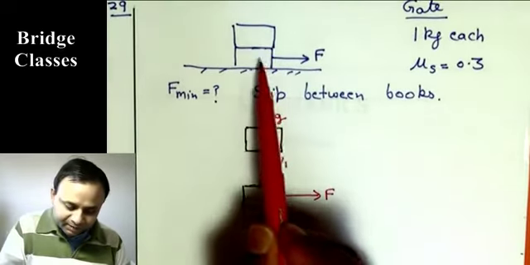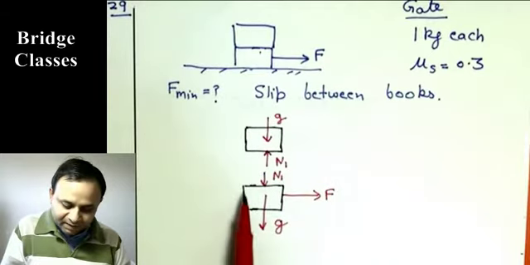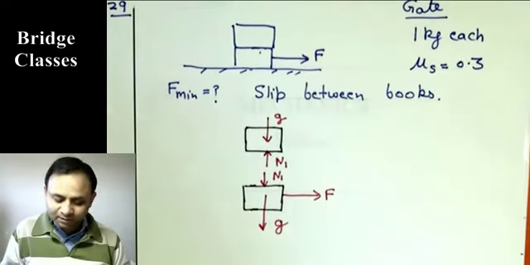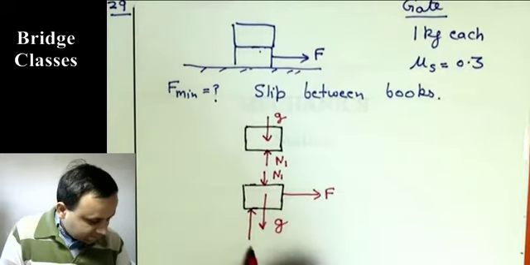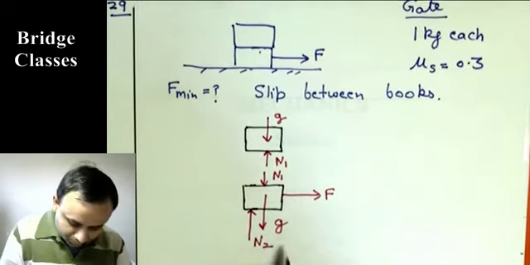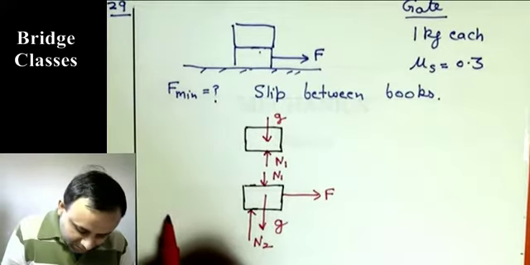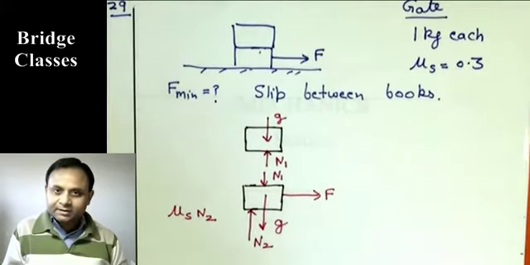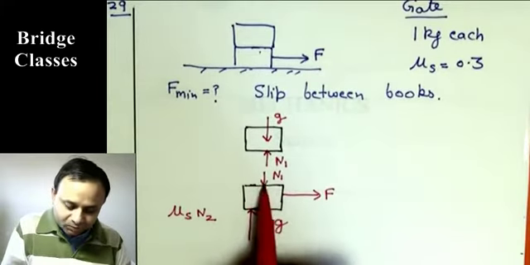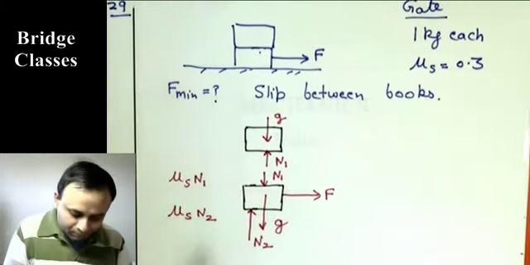Because it slips, it has to slip at both of these surfaces. We have mu s N friction at both surfaces. Sorry, I didn't write the normal reaction here. Let us say this is N2. So the friction at this surface is going to be mu s N2, because normal reaction here is N2. At this surface, normal reaction is N1, friction will be mu s N1.